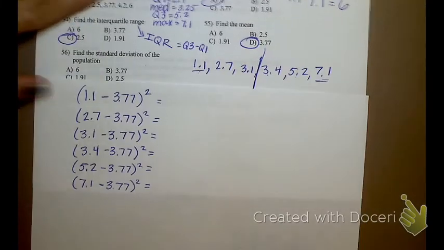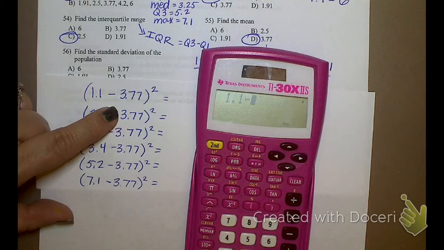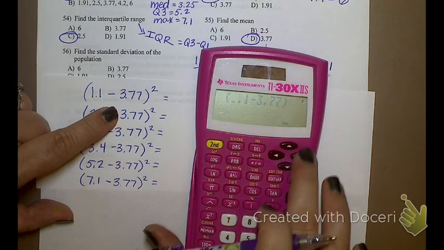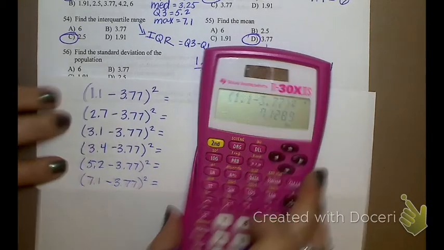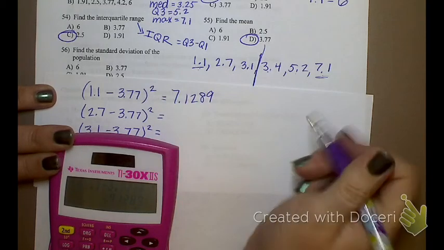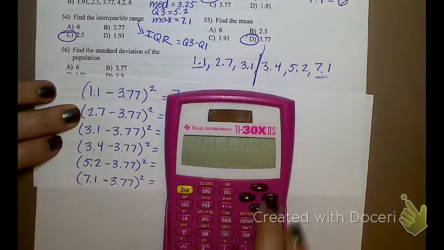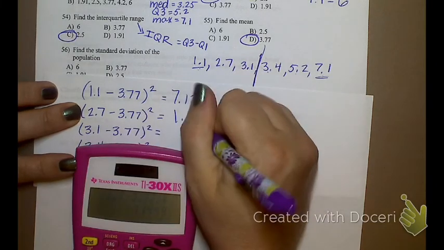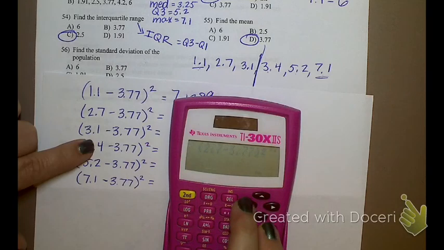So I got to plug all those into my calculator. Let's see. 1.1 minus 3.77. Let's put some parentheses around that, and square it. 7.1289. I'm just going to leave all the digits for right now. Now I'm going to change the 1.1 to a 2.7, and I get 1.1449. Change the 2.7 to a 3.1.